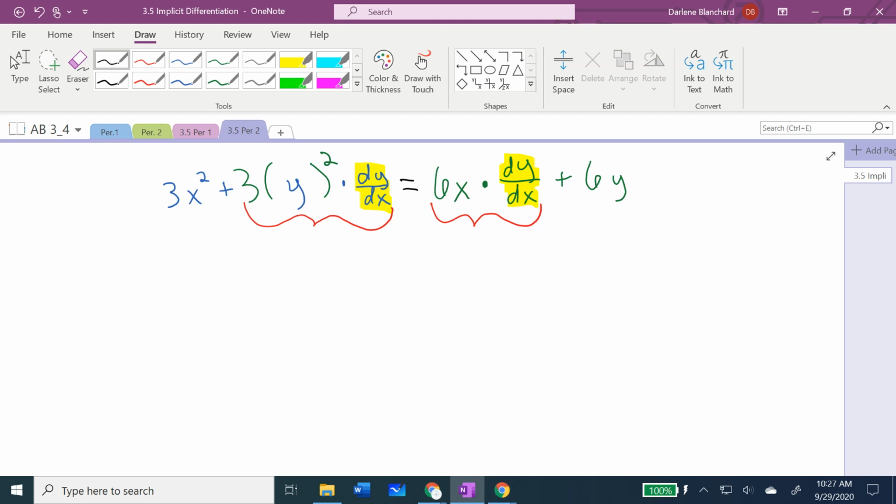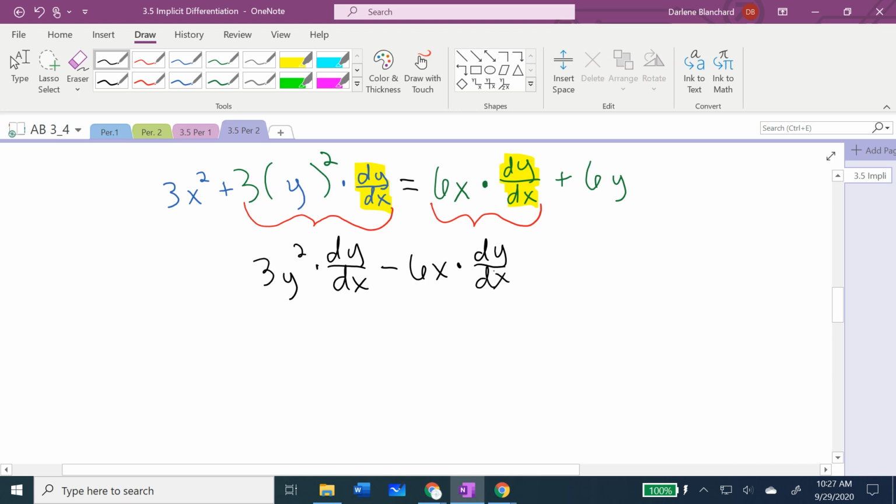So here we go. I've got my 3y squared times dy/dx, and I'm going to subtract over 6x times dy/dx. Now, I can lead this with 3x squared plus, but I really don't want to have to write more algebra than I need to.